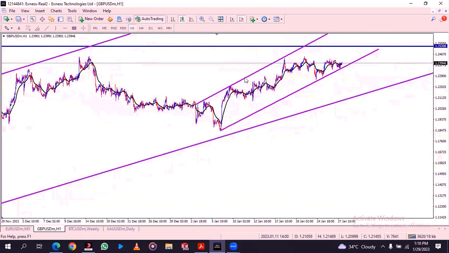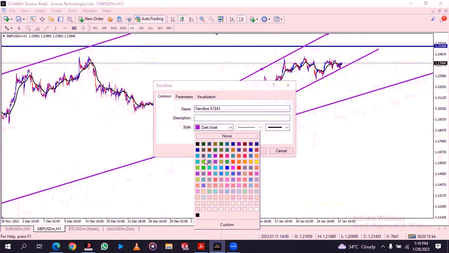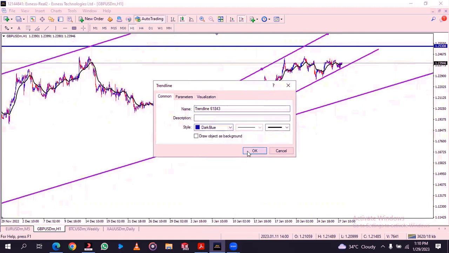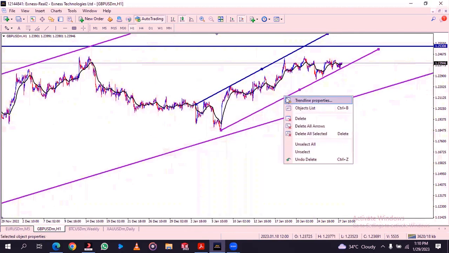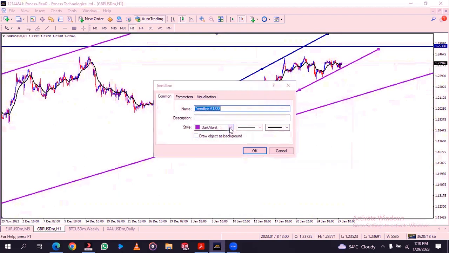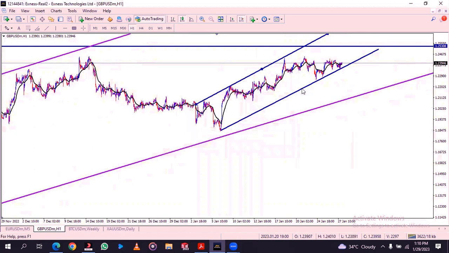Now we know that we are trading inside the zone. Let me turn this to blue. We now know that we are trading inside the bearish retracement zone. This is it. And we now want to look at the time frame.